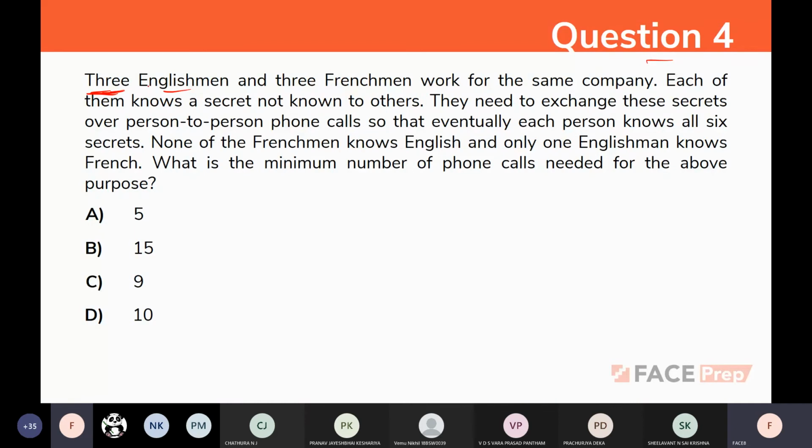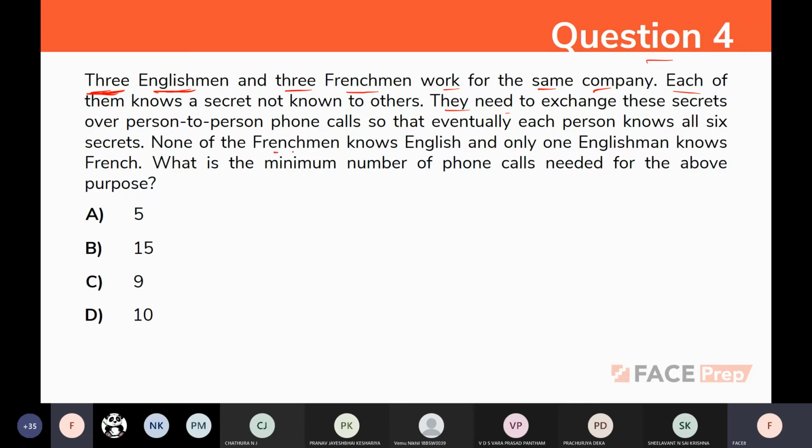Okay. 3 Englishmen and 3 Frenchmen are working for the same company. Each of them knows a secret not known to others. They need to exchange these secrets over person to person phone calls so that eventually each person knows all 6 secrets.